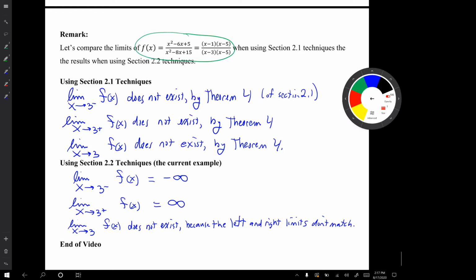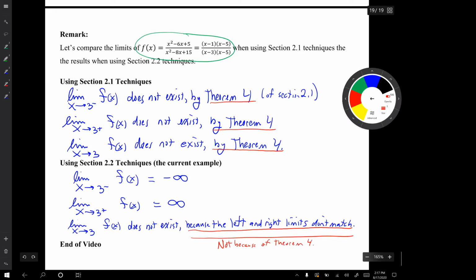However, the two-sided limit does not exist for a different reason in section 2.2 than it did in section 2.1. In section 2.1, all three of the limits failed to exist by theorem 4. Using section 2.2 techniques, the reason the limit does not exist was not because of theorem 4, it's because the left and right limits don't match.